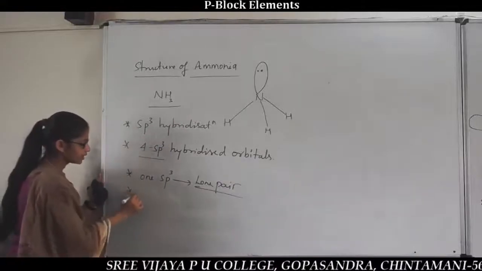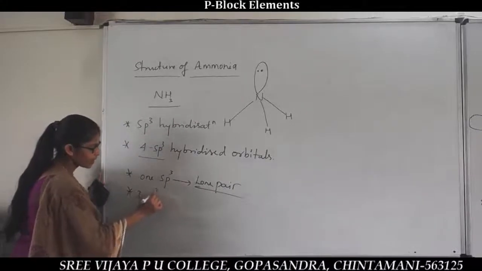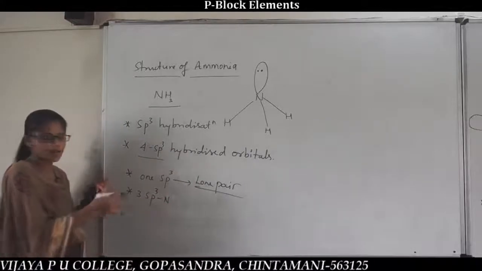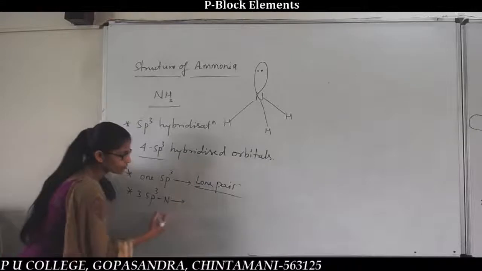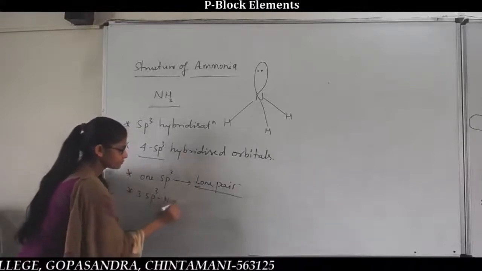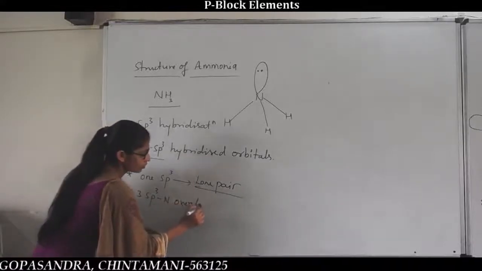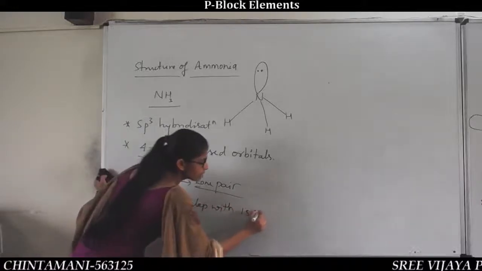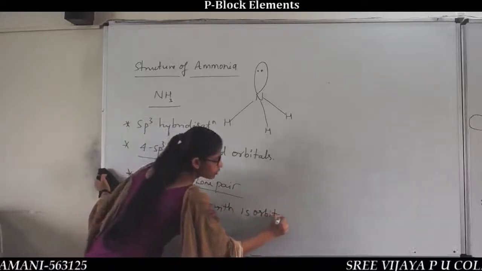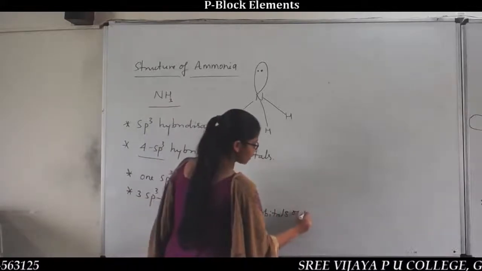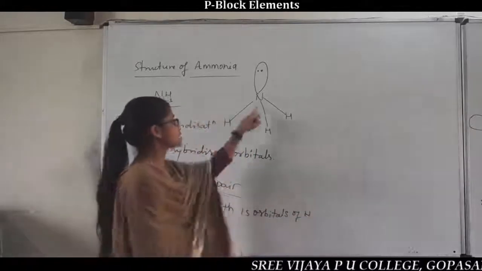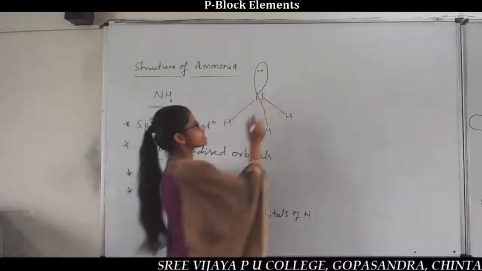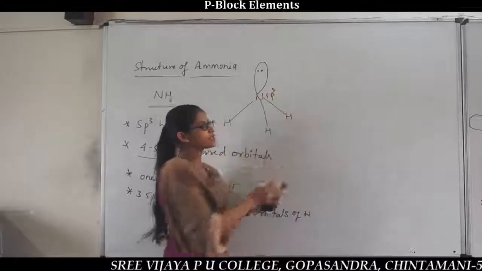The next 3 sp3 hybridized orbitals of nitrogen overlap with one s orbital of hydrogen. See, this is nitrogen, this is sp3 hybridization. Now this is one of the sp3 orbitals of nitrogen.